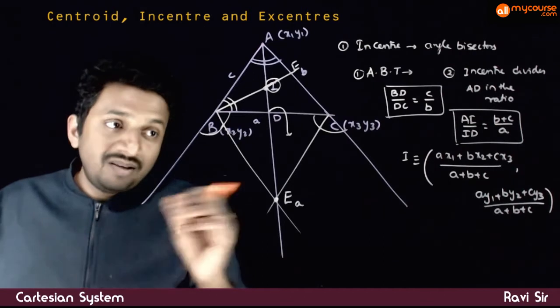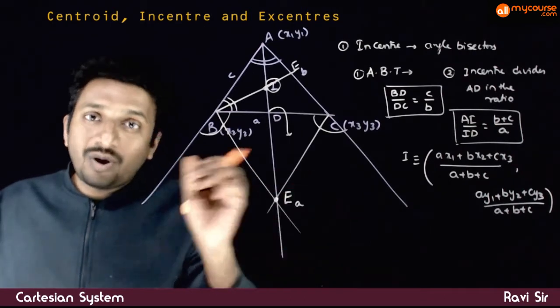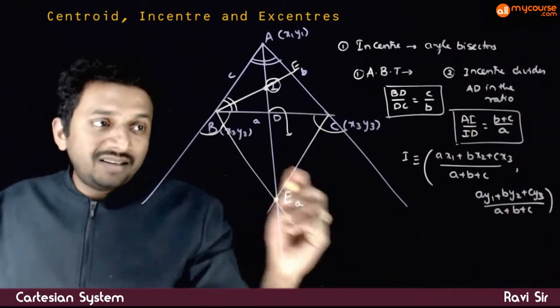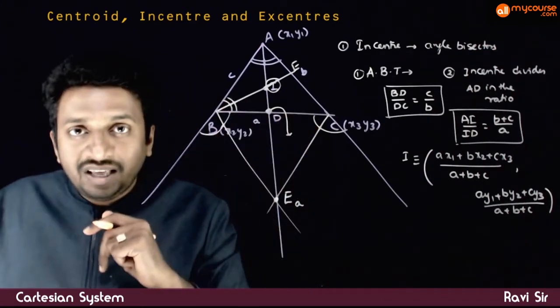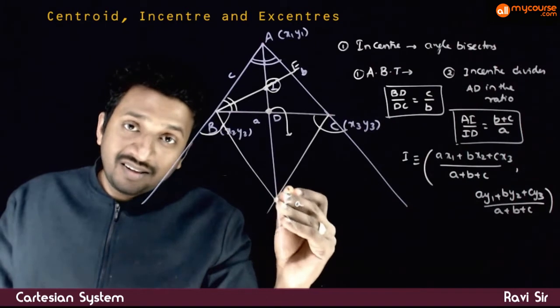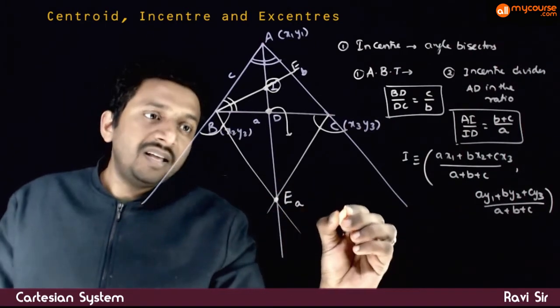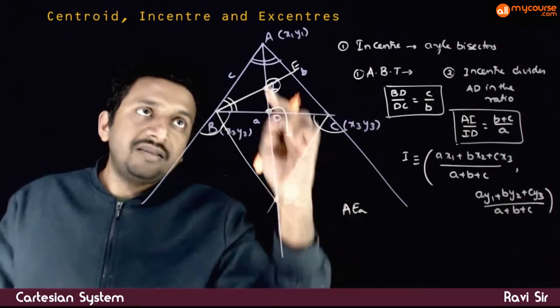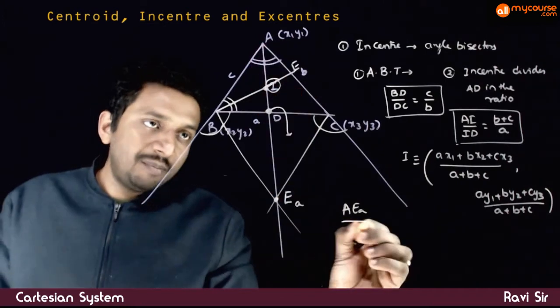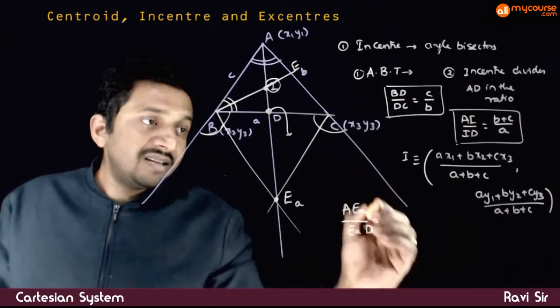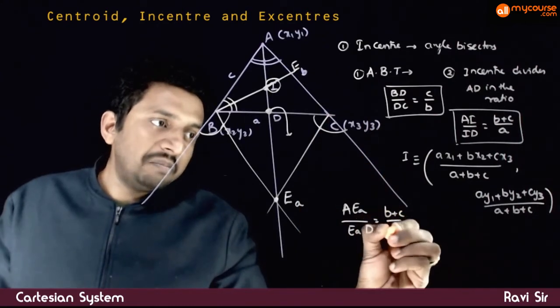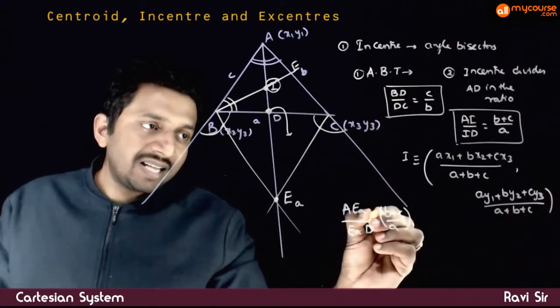So how do we find the coordinates of the excenter? Again, you have the angle bisector theorem from which you get the point D, and the excenter theorem says that the ratio of A E_A to E_A D is again b plus c by a, but an external ratio.